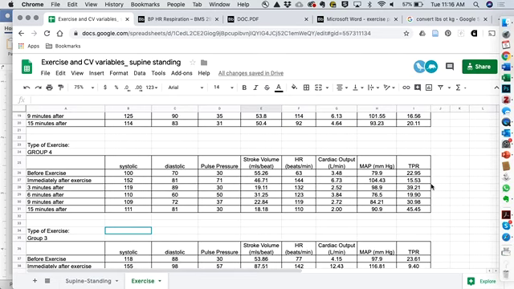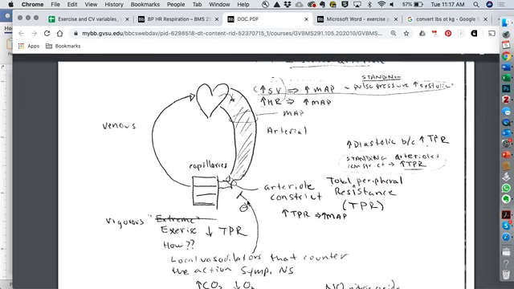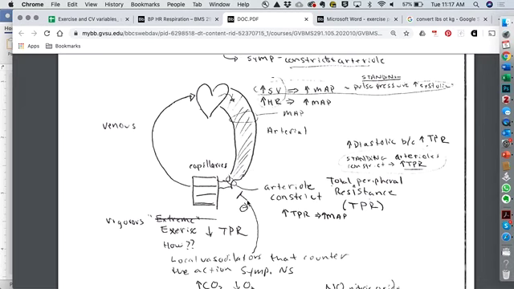And the reason is because your arterioles have opened up. So the key thing I want to make sure you guys get is we can see in this image that I have here. You can think, golly, if I exercise, heart rate, stroke volume, wouldn't my TPR also increase?